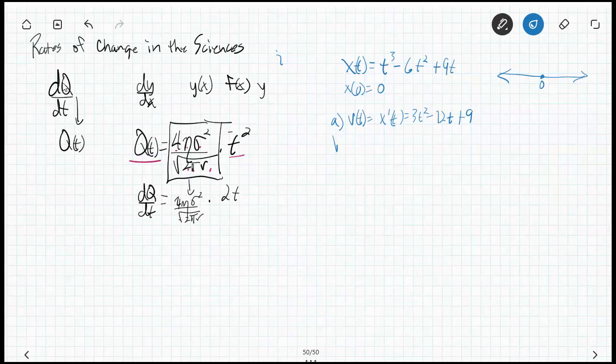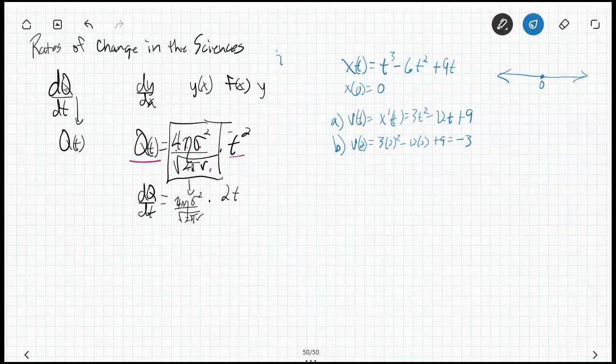Okay? So part B in this problem says, what is the velocity at t equals 2 and t equals 4? Well, if I want the velocity at t equals 2, don't I just stick a 2 into here, which is 3 times 2 squared minus 12 times 2 plus 9? Nothing to it. 2 squared is 4, 4 times 3 is 12, 12 minus 24, because 12 times 2 is 24, negative 12 plus 9 is negative 3.